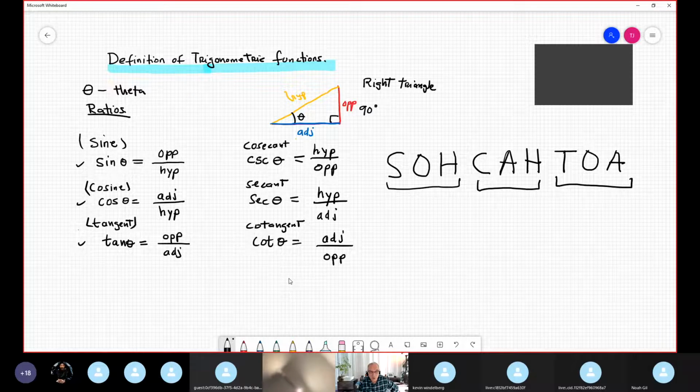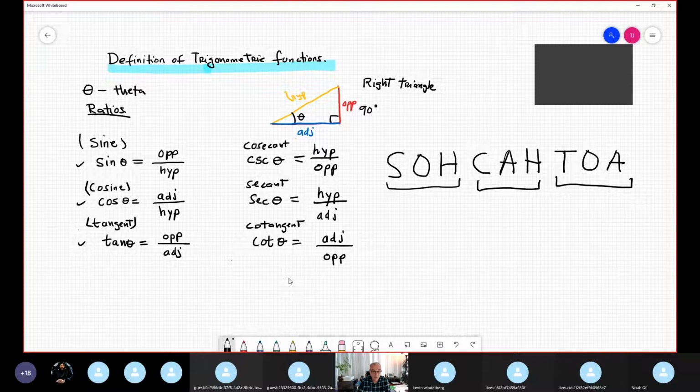Another student can learn visually. Sine is opposite, red color, over hypotenuse. Cosine is blue divided by yellow. And tangent is red divided by blue. And the other trigonometric functions are the reciprocals.